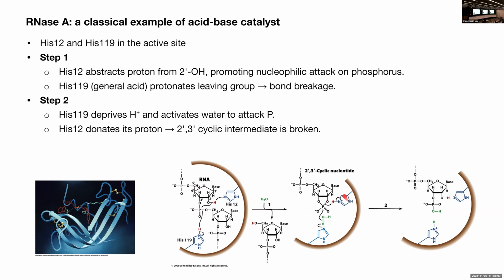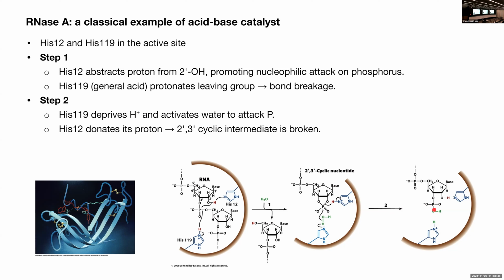So step 2: it has this sort of phosphate ring or bridge here. Histidine 119, which is located on the bottom, will deprive a hydrogen cation from the water molecule. That's going to be hydroxyl, which is quite reactive and negatively charged. So it's going to again attack the nucleophilic phosphorus right here to break the bond between 2' and 3' here.